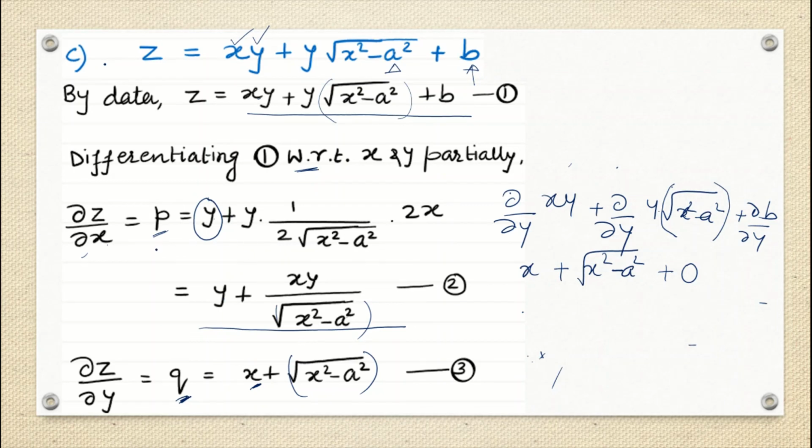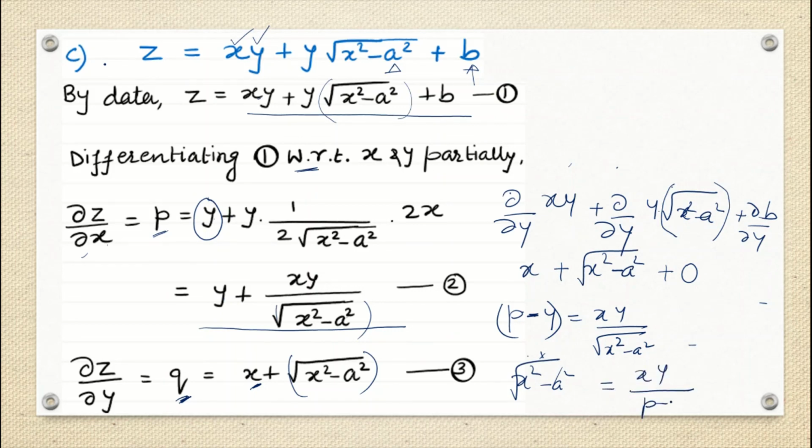Correct? So the first equation I'm writing down is p minus y equals xy divided by √(x² − a²). That I can write, right? Because y has gone to the left hand side. And then √(x² − a²) is nothing but xy divided by p minus y.